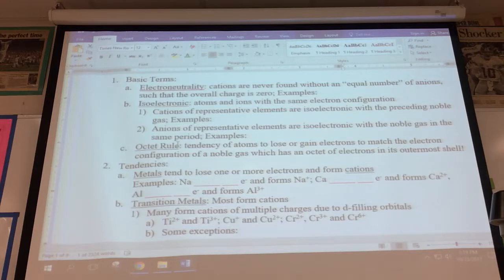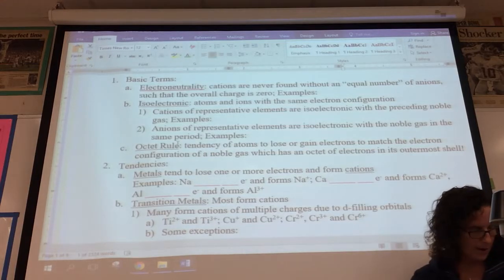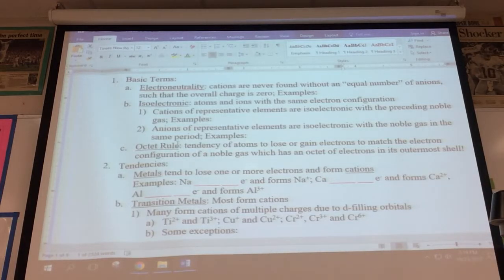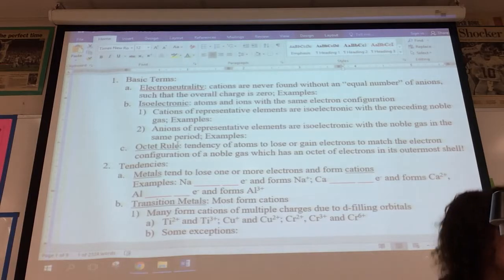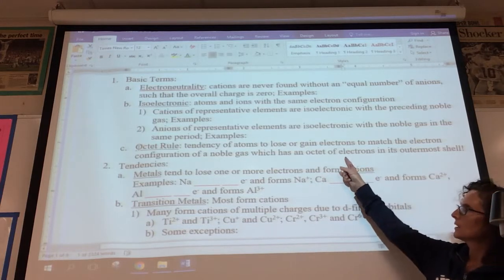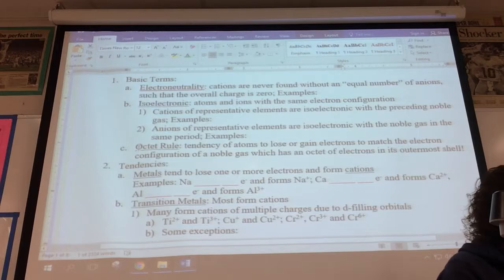They'll have an octet of electrons in their outermost shell. And you saw that in your lab as well.